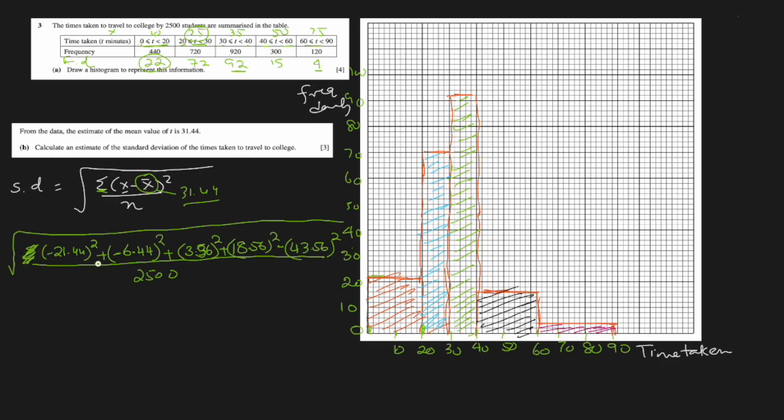I should not write sigma here because I'm already adding them. So just square and divide by 2500 and you will get your answer. What I'm getting here is 15.16, which can be rounded off to 15.2 minutes.